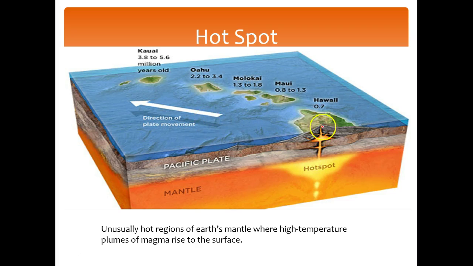So the plume, the hot spot, stays in one location, but the plate continually moves in this direction. So if you take a look at the ages, over here is the oldest island, 3.8 to 5.6 million years. And over here, we have 0.7 million years to present, really, because it's continually getting larger.